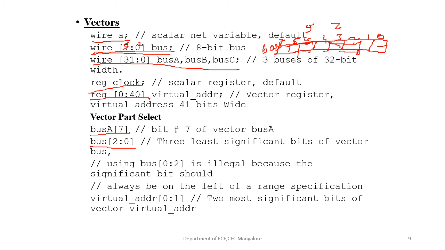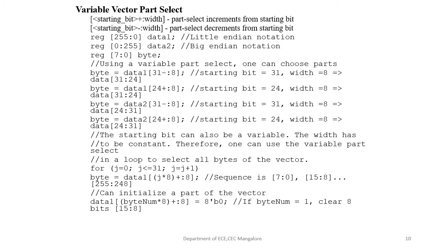So you have a lot of options. And see here 0 is to 1, MSB and LSB change here. So this is the variable vector part select.